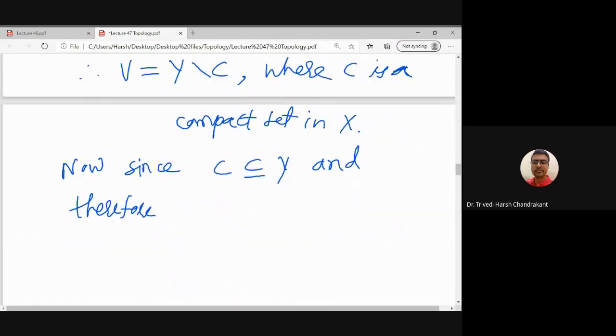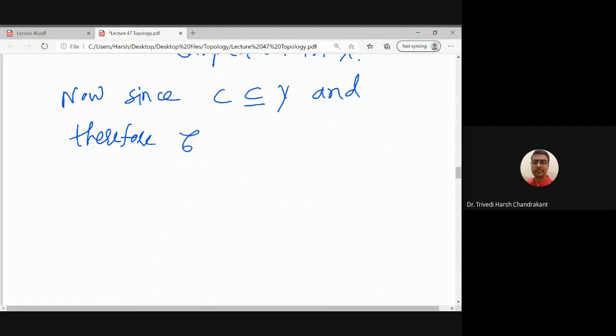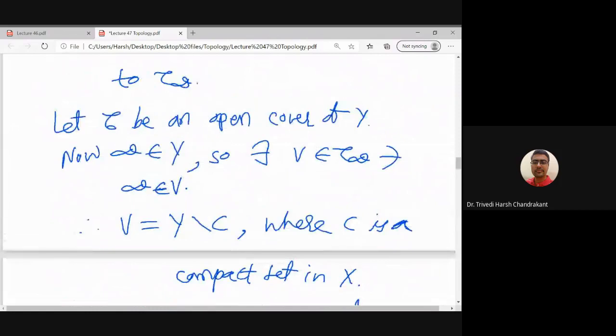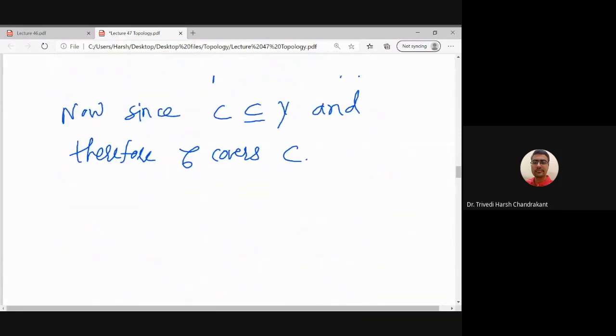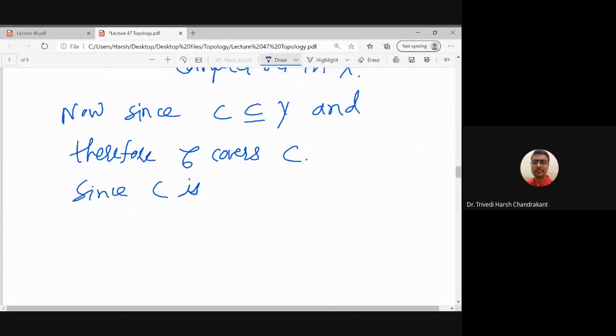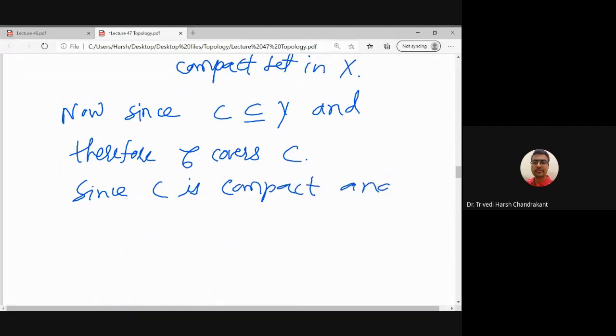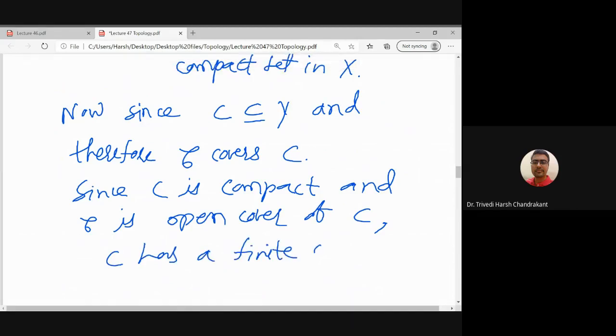So this cover covers Y, and the compact set C is a subset of Y, so therefore the family covers this compact set C. Since it is an open cover of Y, it is an open cover of C. So since C is compact and this collection is an open cover of the set C, it has a finite subcover.